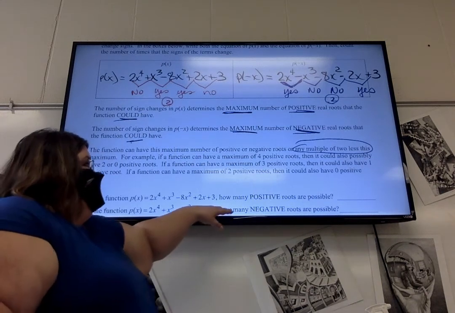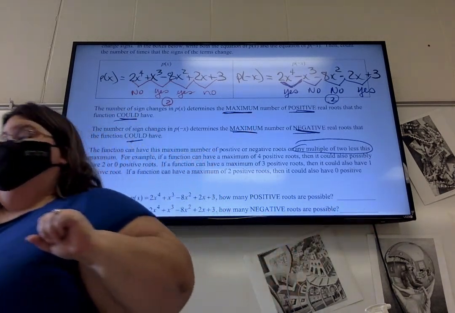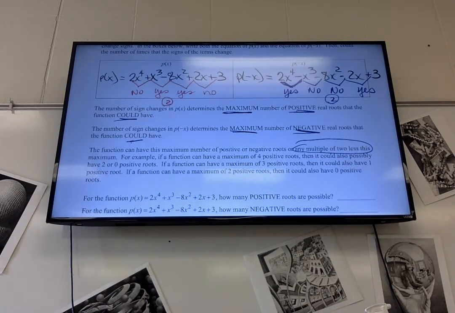Same thing with the negative roots. There were 2 of those, so it's 2 or 0. That's Descartes' rule of signs. 2 or 0, and 2 or 0.